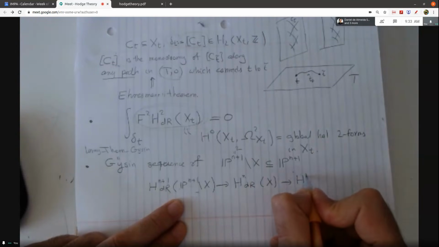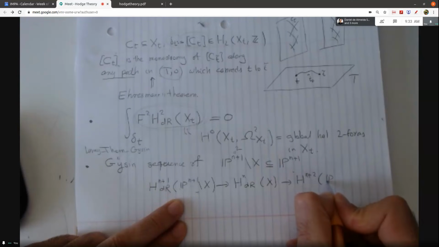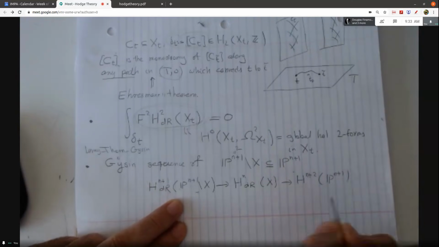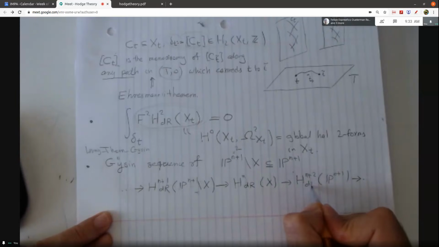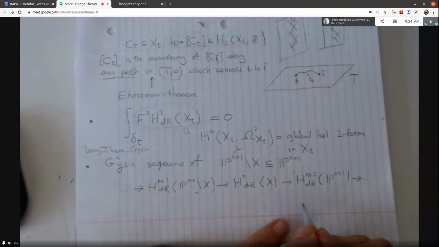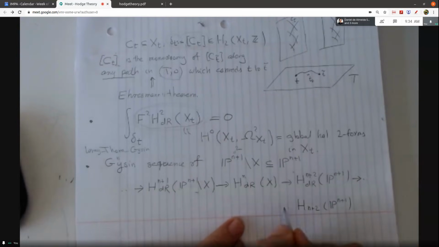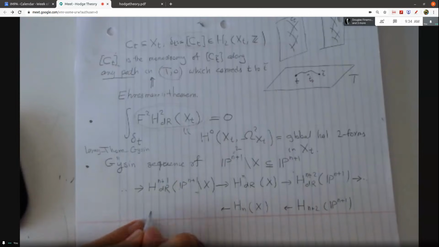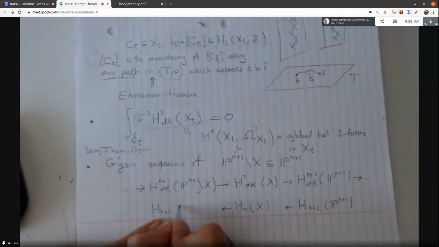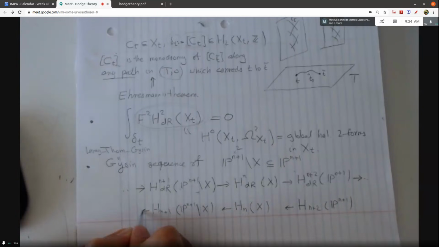This will go to H^{n+2} of P^{n+1}. I will need in the homology also H_{n+2} of P^{n+1}, in the homology, H_n of x, H_{n+1} of P^{n+1} minus x, and going on.